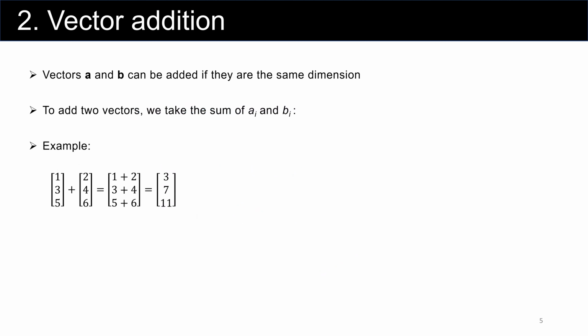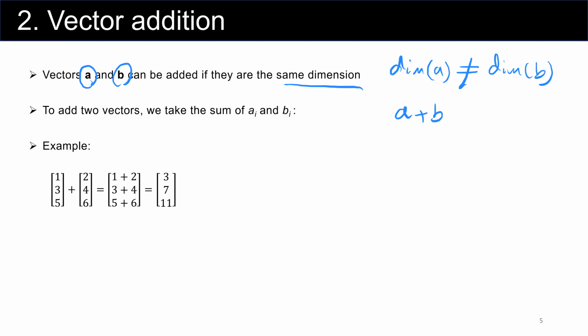All right, vector addition. Let's assume vectors A and B are two given vectors with the same dimension. If the dimension of A is not equal to the dimension of B, we cannot have addition defined for these two vectors. This is the required condition to be able to sum up two vectors.